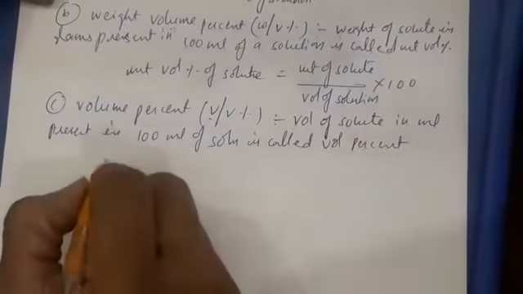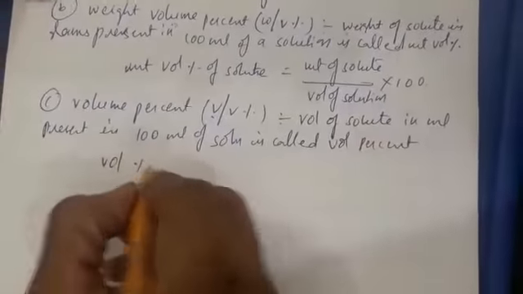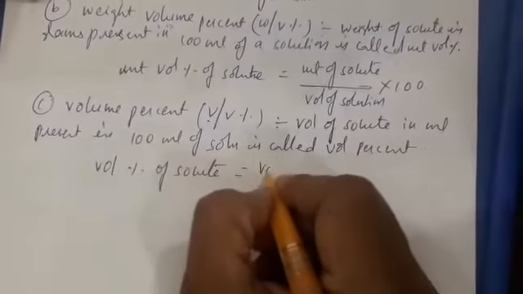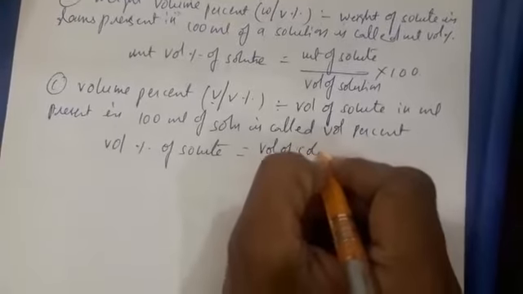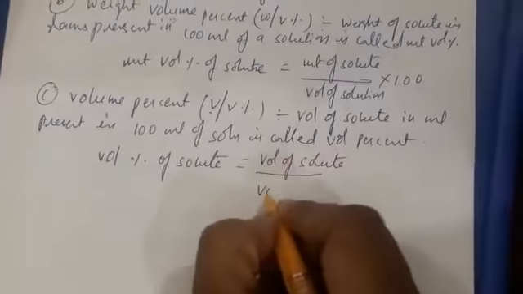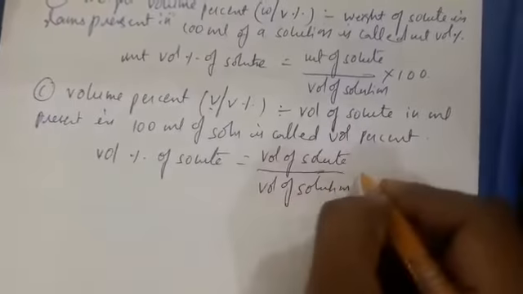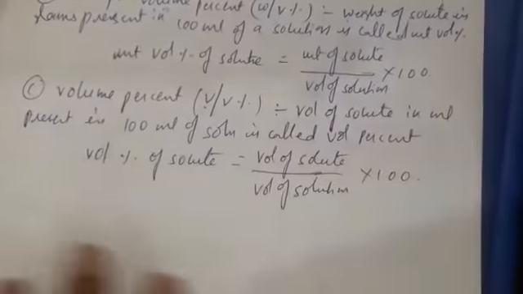So volume percent of solute is equal to volume of solute by volume of solution into 100.